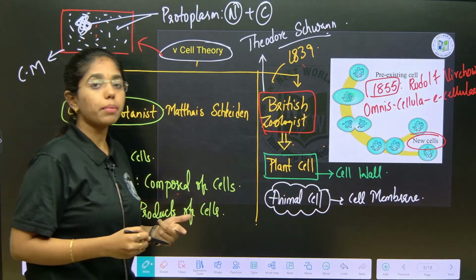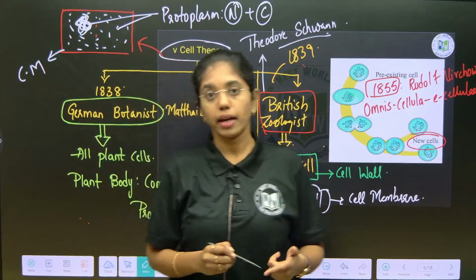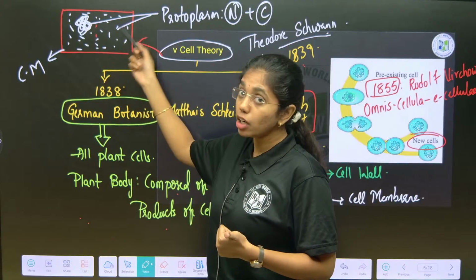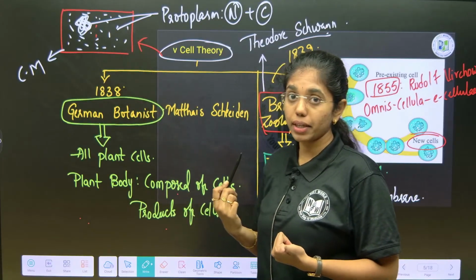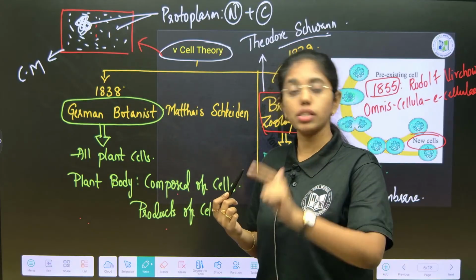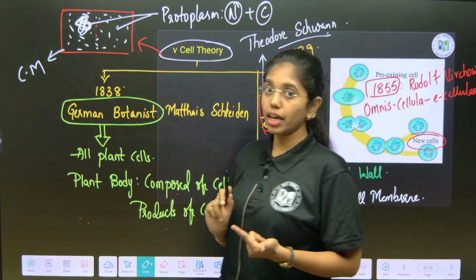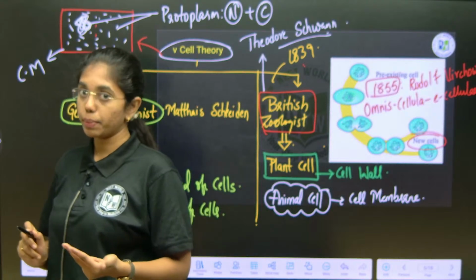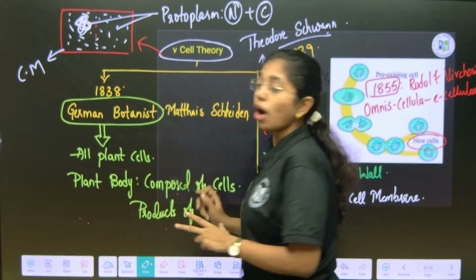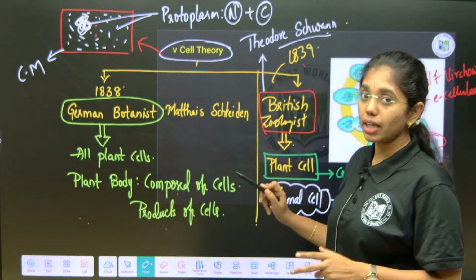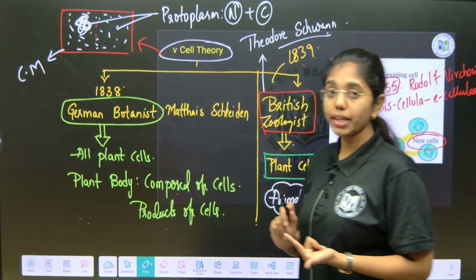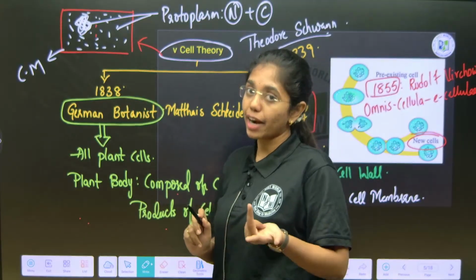Now we will speak about exceptions of cell theory. If more than one nucleus is present in a cell, cell theory is not applicable, and if the nucleus is absent, cell theory is not applicable. To dead cells, cell theory is not applicable. Now we have to look into all the examples given in our book which have binucleated, multinucleated condition and no nucleus at all.